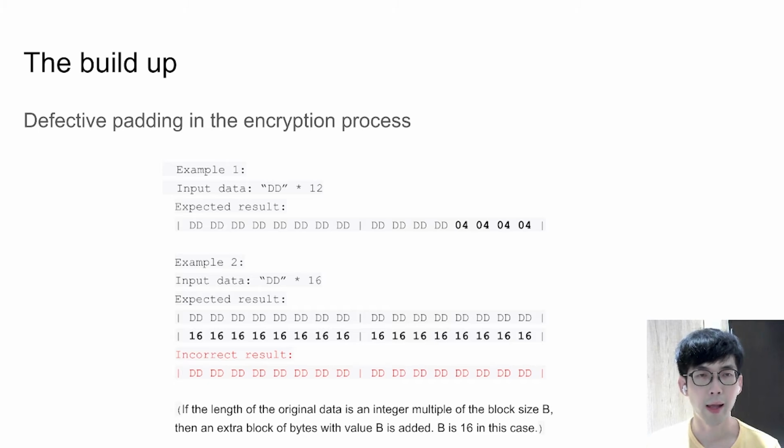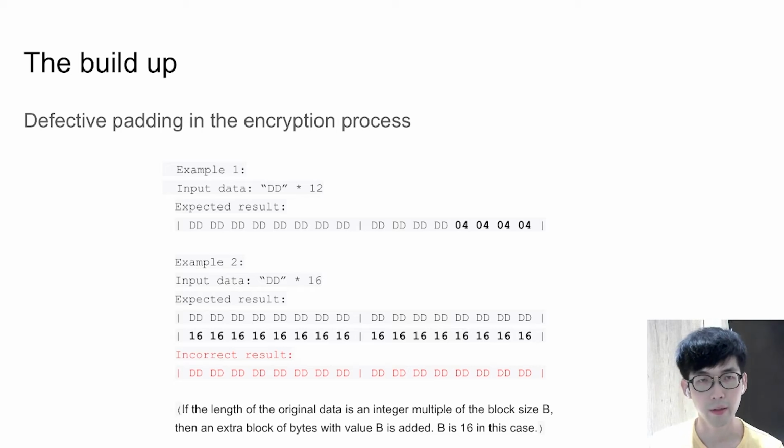We assume the block size is 16 bytes in the following examples. First example, if the input size is 12 bytes, we need to append four 4s to the data. After that, it becomes 16 bytes and satisfies the rule that the size of data must be a multiple of block size.